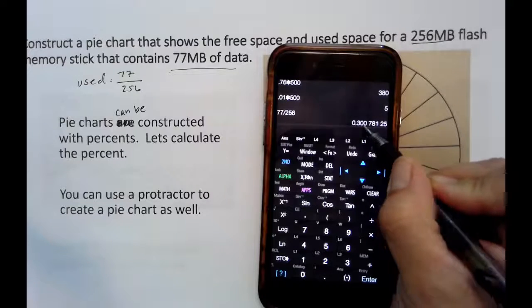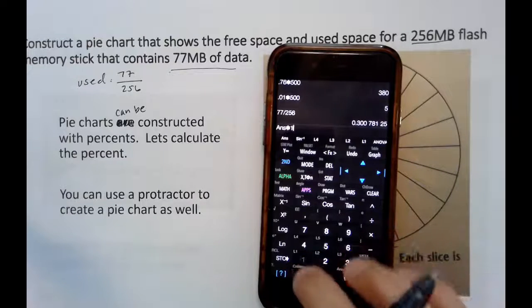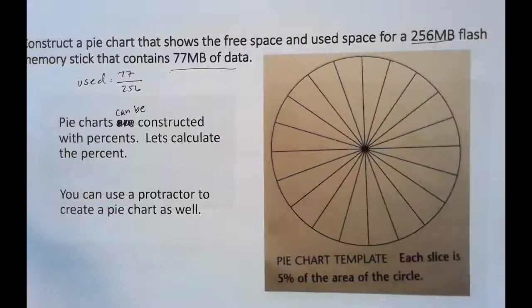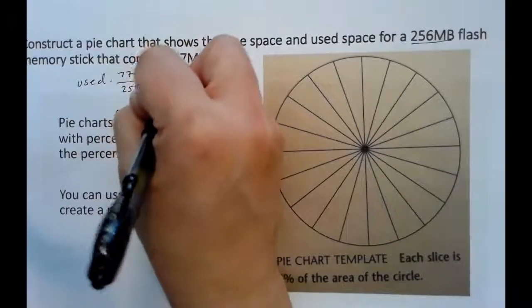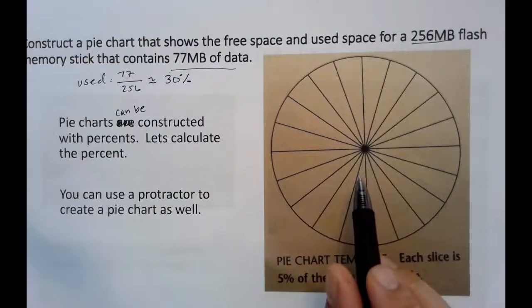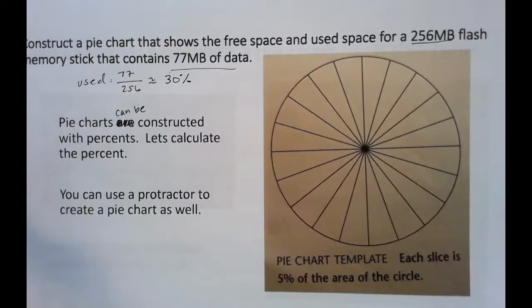Move the decimal 2 places over, or on your calculator, multiply by 100, it's the same thing. So approximately 30% is used. Now if each slice is 5%, 30% is going to be equivalent to 6 slices, because 6 times 5 is 30. So let's go ahead and color it in.